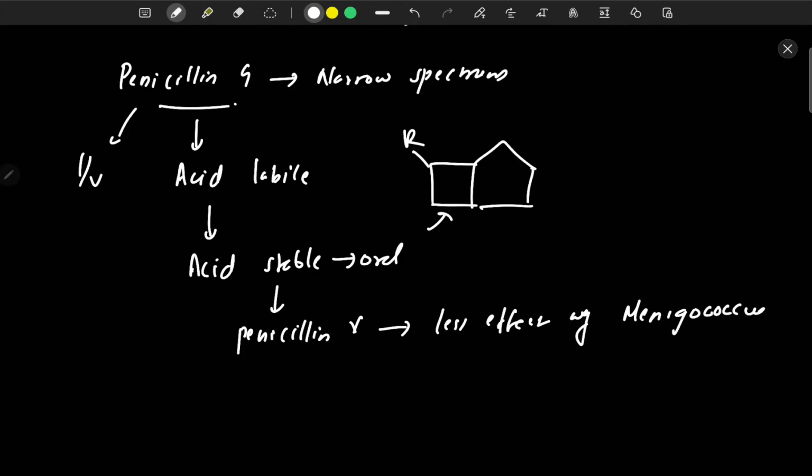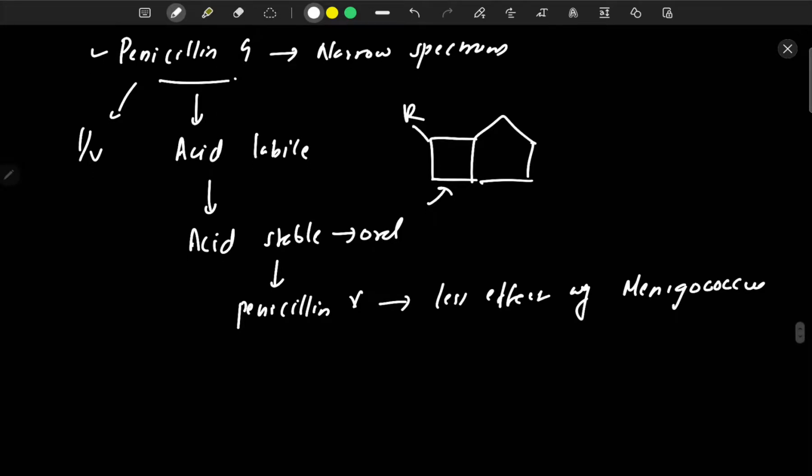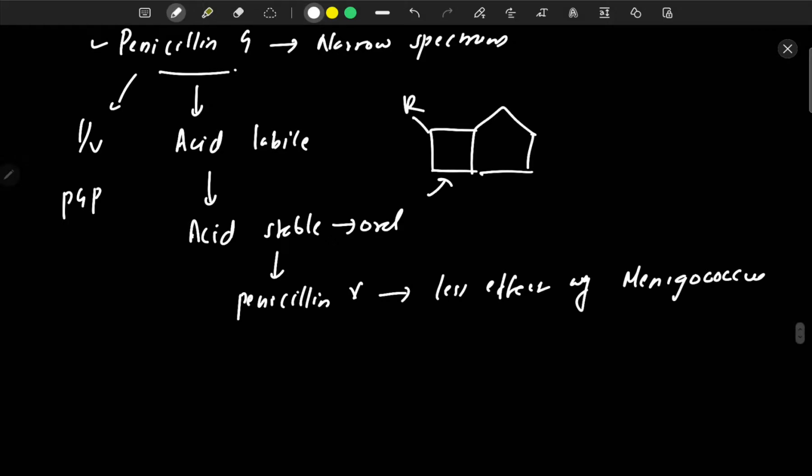Penicillin G is short acting. It is because of the P glycoprotein pump. Due to this pump, there is rapid tubular secretion.